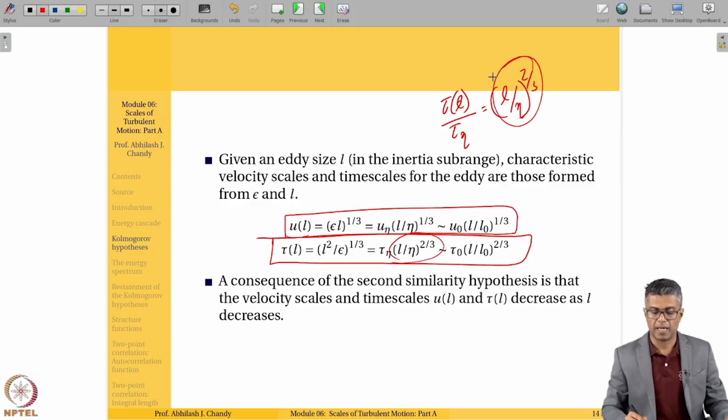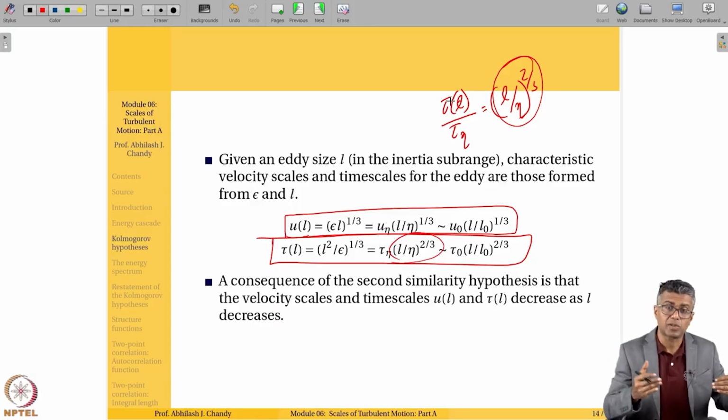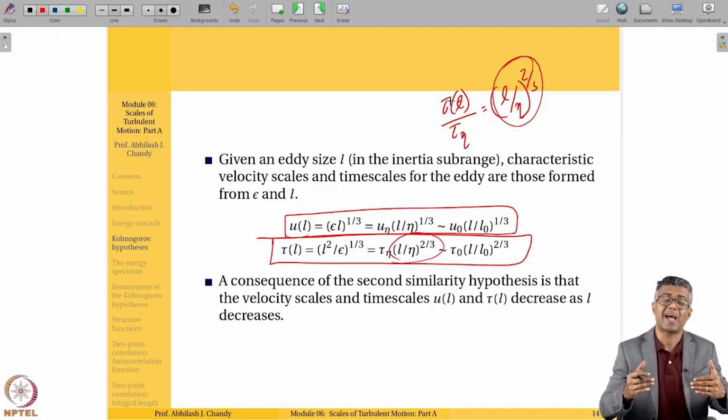This is a number that is greater than 1 because L over eta is a larger number. Same goes for tau L over tau eta, or the inverse is true. So essentially, as the length scale decreases, the velocity scale also decreases, and the time scale also decreases.